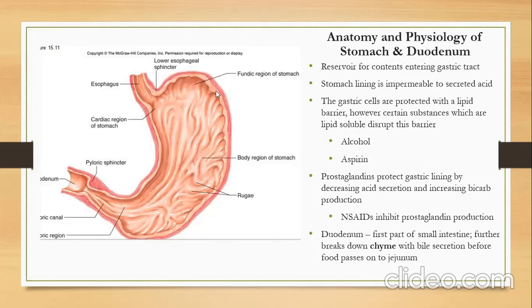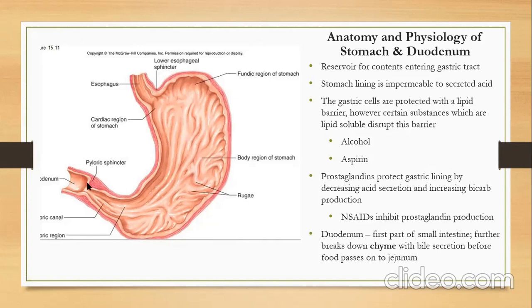The top part of the stomach is called the fundus, and rugae are just the little folds in the tissue. Okay, this is just a recap of A&P. But anyway, this is the whole stomach. That is the reservoir, right, where the gastric acid is being produced. And then at the tail end of the stomach, you have the pylorus region, okay? And we'll talk about that in a second.